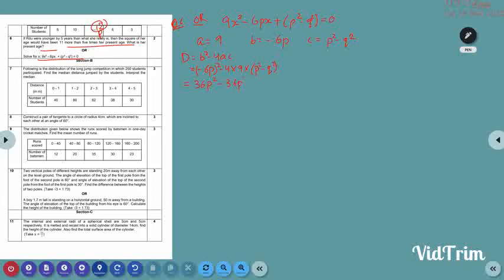So this one will be 6p plus 6q by 18. And on taking 6 common, it will be (p plus q) by 3. Similarly here, the answer will be (p minus q) by 3. So one root of the quadratic equation is (p plus q) by 3 and the other is (p minus q) by 3.